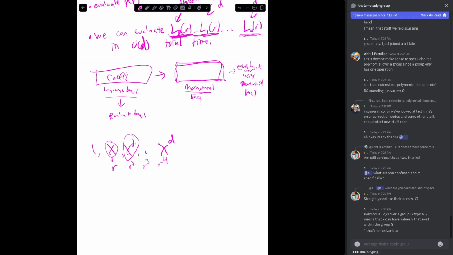The dumb way to evaluate all D would be to evaluate each one independently of the next. That would take time like 1 plus 2 plus 3 up to D, which is about D squared over 2. That would be awful. But you don't have to evaluate them independently. You can reuse work between basis polynomials.